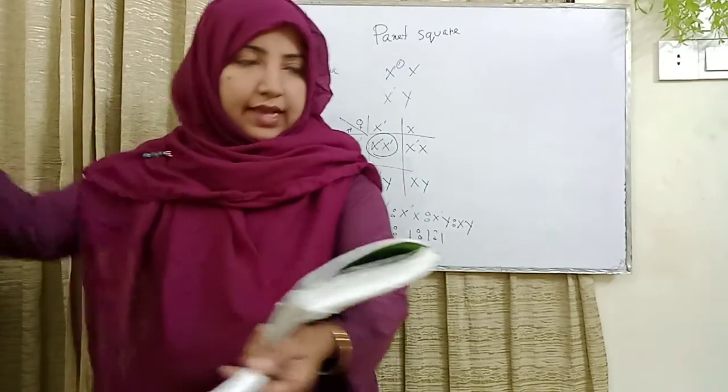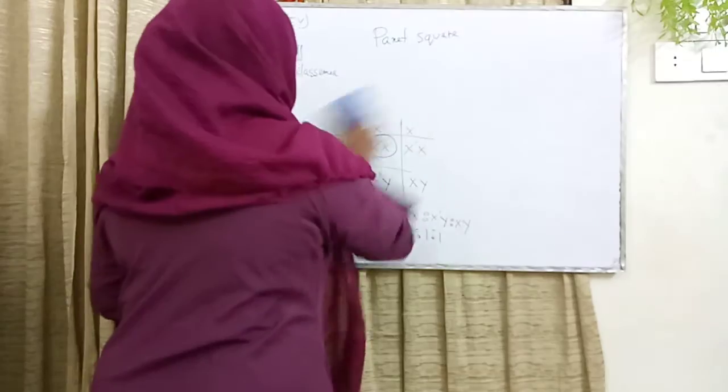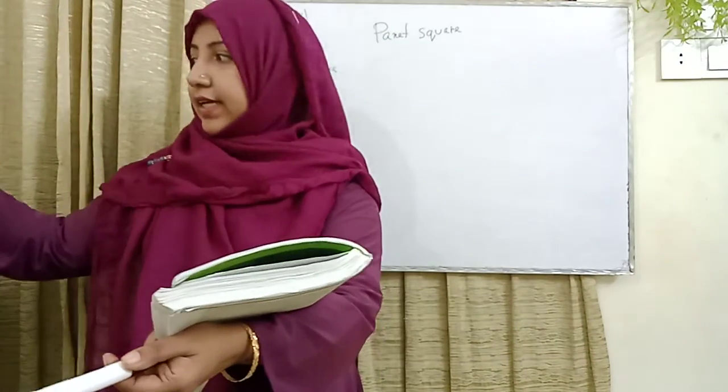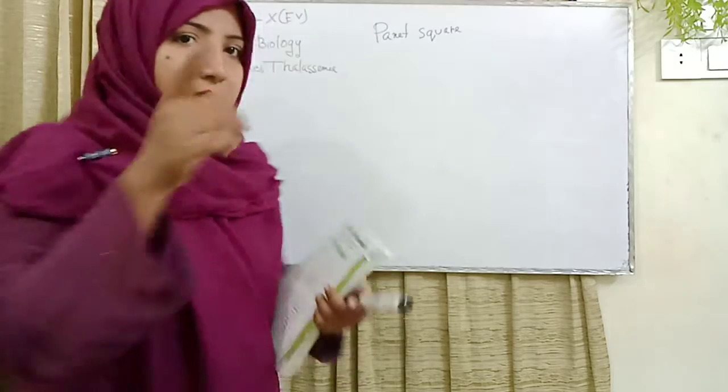Here is the Punnett square. Now I write another structure. The first structure is the ailing father and healthy mother.